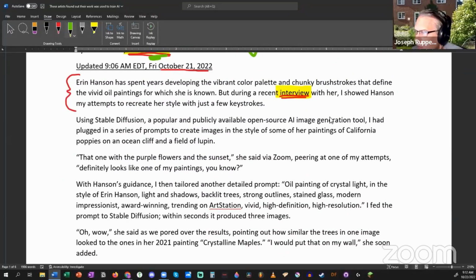Also, the tone, we see that our author has used I showed. So it's not really an opinion piece, but we'd call this maybe a commentary.